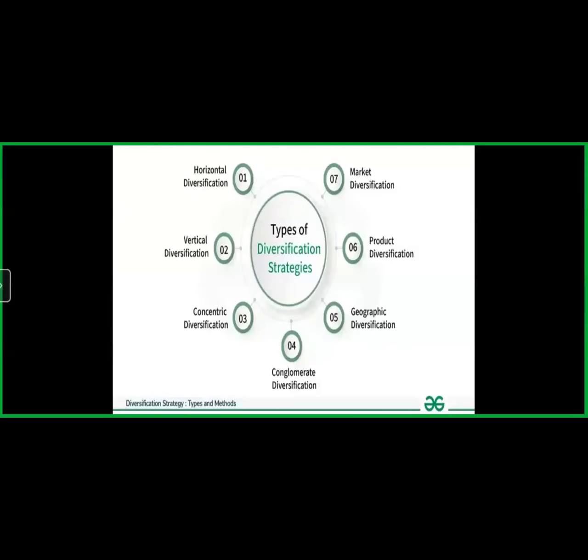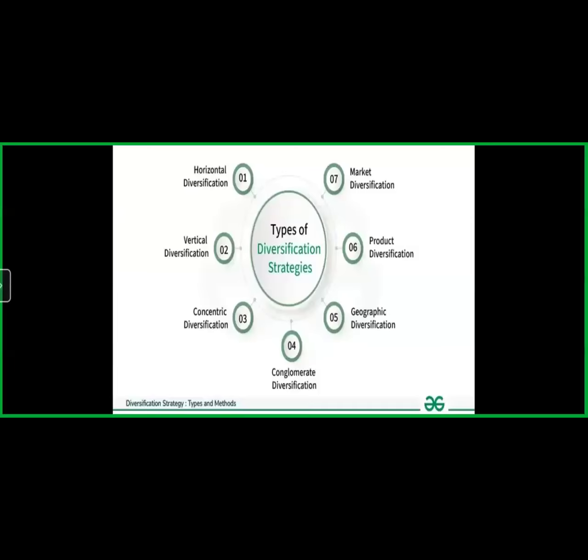Now for concentric, when we are saying that the company is coming up with a new product which is very much closely related to the existing business, closely related, not exact.